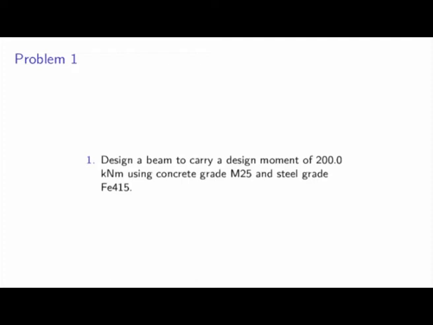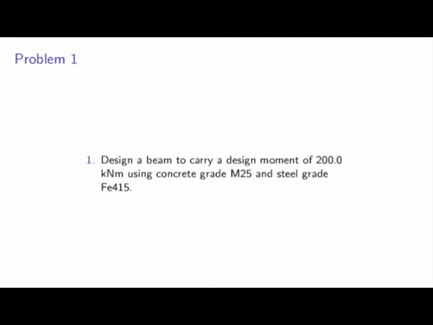Because in most cases in the book you will find it starts with an exercise or example, some numerical value given, and then they also give a certain concrete grade and steel grade, and obviously I am no exception, so I am also following the same path. But anyway, this 200 kilonewton meter we actually get from our analysis.